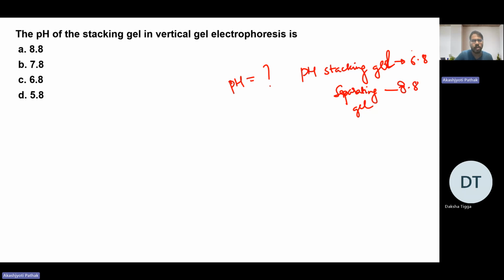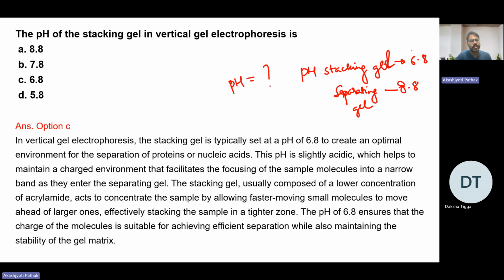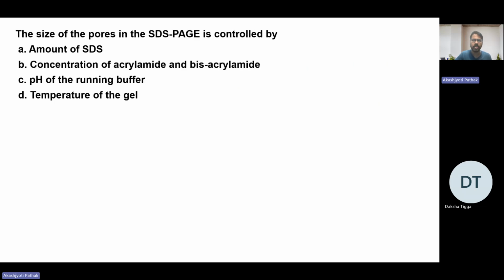So why is it so? We just explained this, and you can go through the explanation as well. It has a pH of 6.8 so that the proteins get sandwiched between the glycine and the chloride ions, and all the protein molecules come to the same position before moving into the separating gel.